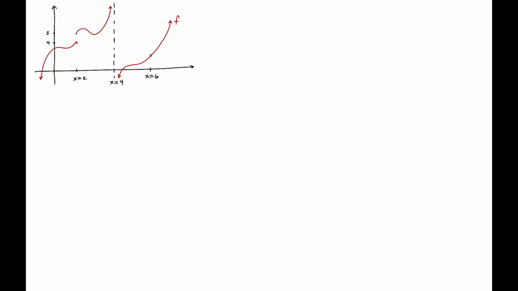So for x equals 2, we can approach from the left of 2, and we can also approach from the right. And what do I mean from the left and from the right?